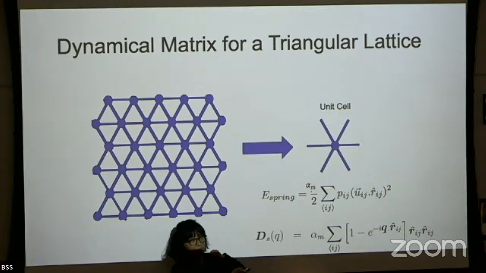But for a square lattice, this will have a different geometry. So the sum will be over different bonds. For a Kagome lattice, the sum will be over different bonds. So this sum is where, when you substitute the various Rijs, the topology or the geometry of the lattice is coming in.